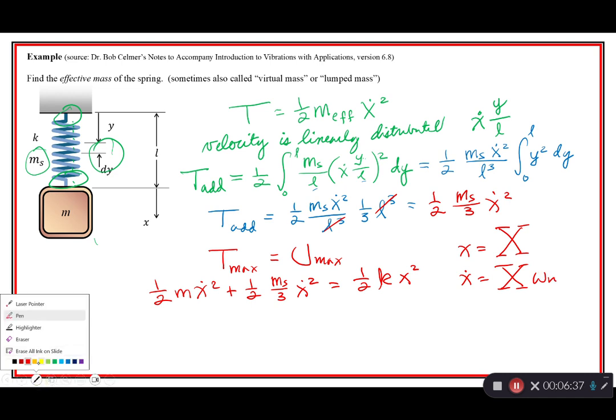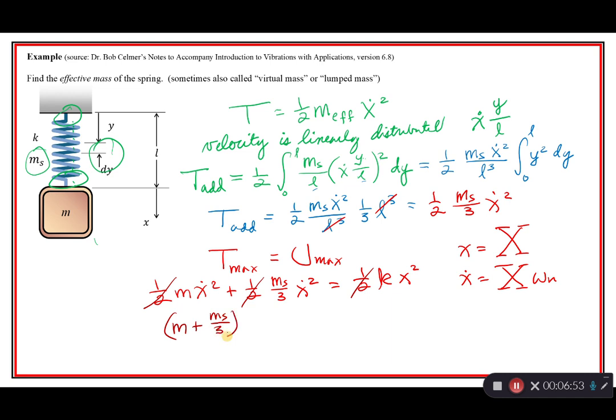We've got to shift another color here. I'm going to go with the dark red. I like the dark red. But anyway, boom, boom. We could have crossed that out and gathered these things together with m plus ms over 3, times big X squared omega n squared, because I'm replacing the x dot squared, equal to k times big X squared.